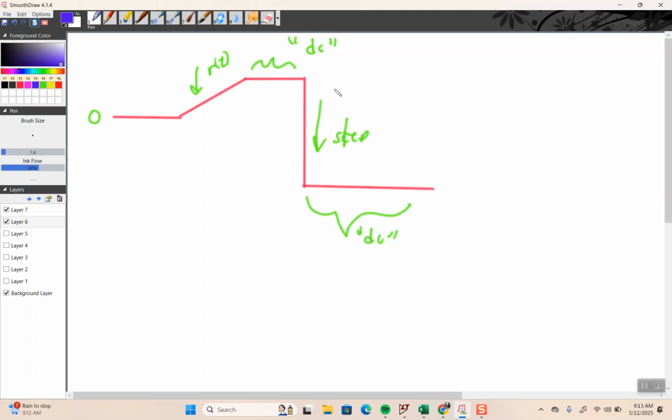I'm just going to draw a crazy shape and just say that it's low pass. And then there's my step convolved with low pass.